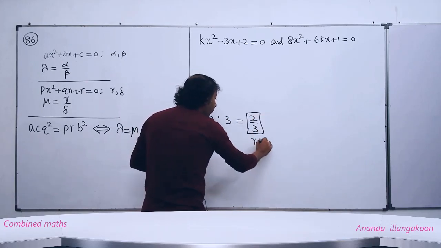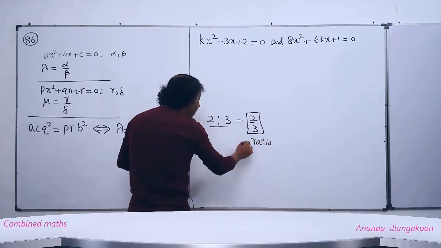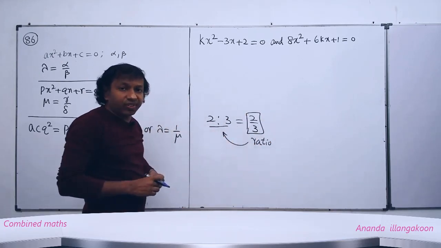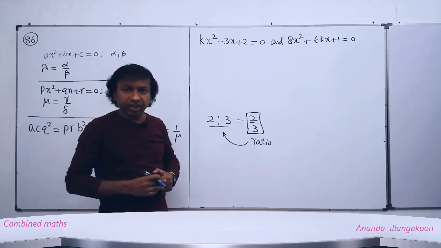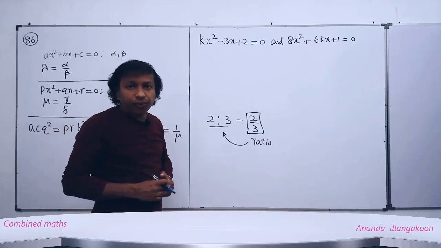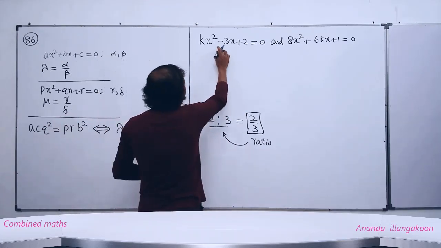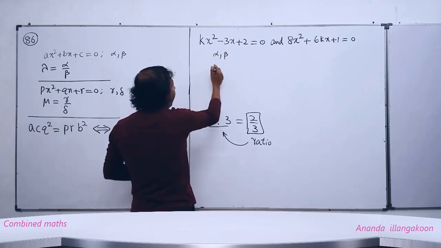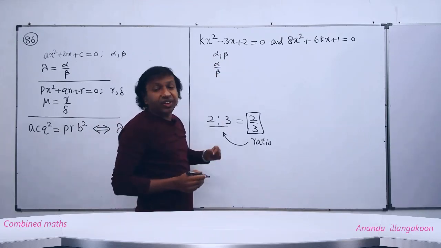Now, that ratio we can write as a fraction like this. Fraction really means a ratio. Understand? So therefore, if I assume the two roots of this equation as alpha beta, I can take alpha divided by beta as the ratio.